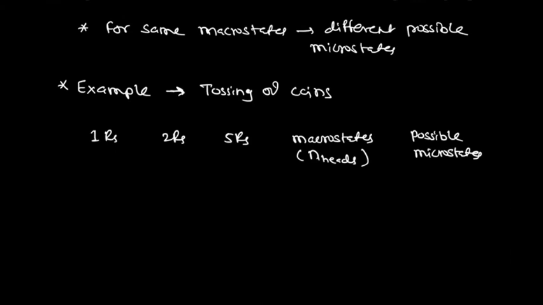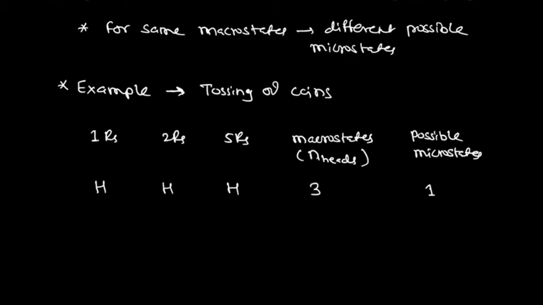Now the first outcome may be 3 coins getting head, head, head. Then what is the macrostate for getting head? That number is 3 and the possible microstate is only 1.